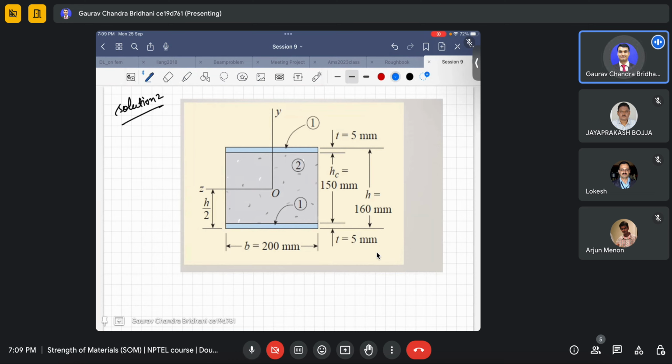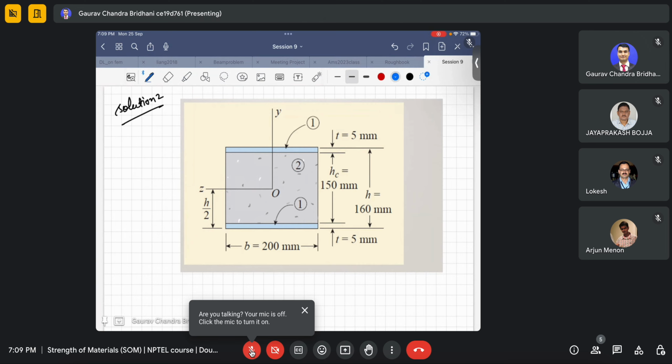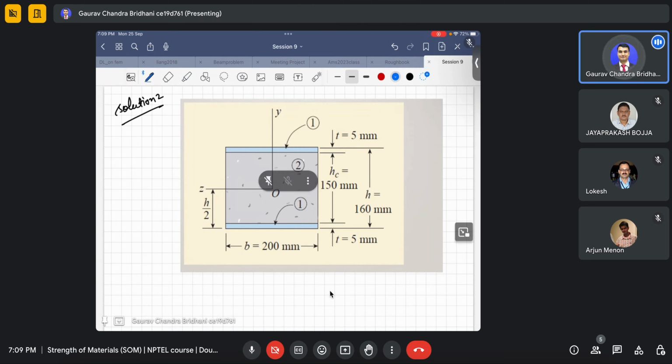First of all, what I have told you is that in these problems you need to find where the neutral axis is. That is the first challenge, because the cross section does not remain of the same material. There are two different materials here. You can see this is a different material, and this is a different material.